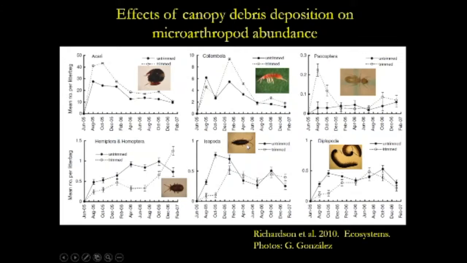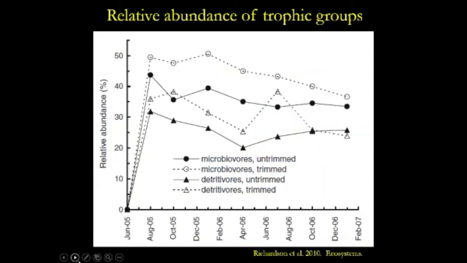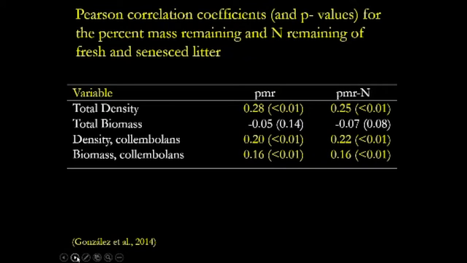But then there are other organisms like the Hemiptera, the Isopoda, the Diplopoda that actually decrease in the trim versus the no-trim plots. So there was a change in the relative abundance of the different trophic organisms, and that was related to the percent mass remaining, the decay rate, and the nutrients, in this particular case, the nitrogen.